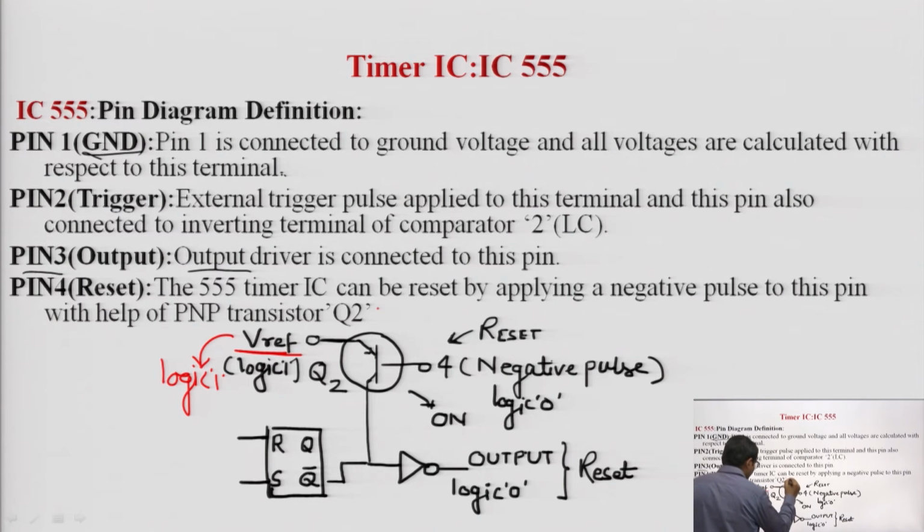And here is the PNP transistor. We apply a negative pulse at pin number 4, that is logic 0.